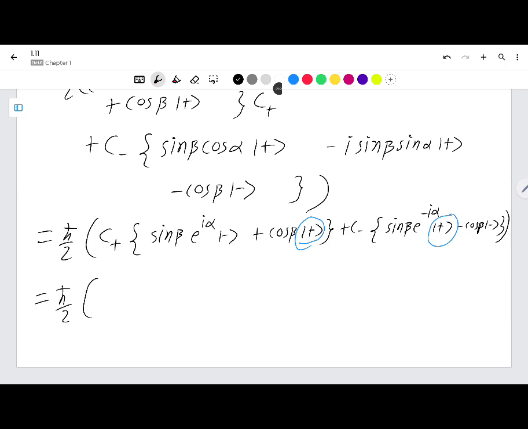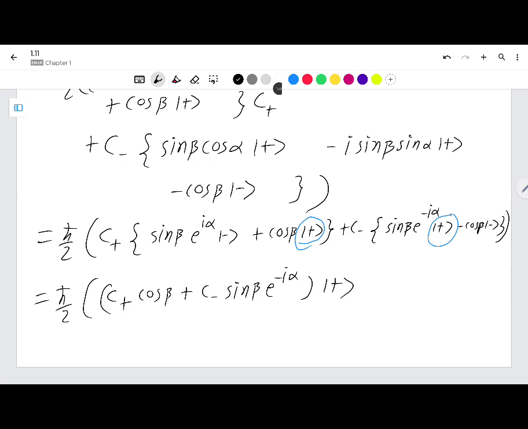There is c plus cos beta plus c minus sin beta e to the power minus i alpha, times plus.